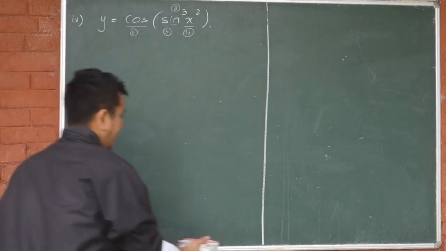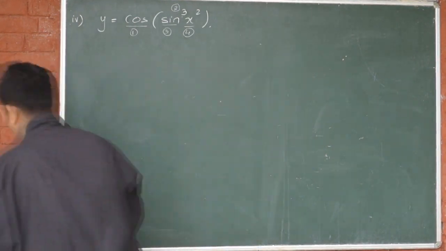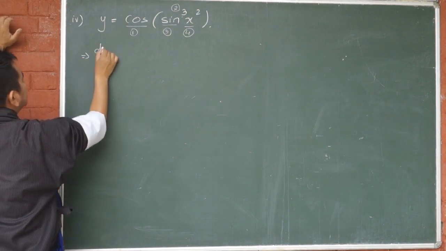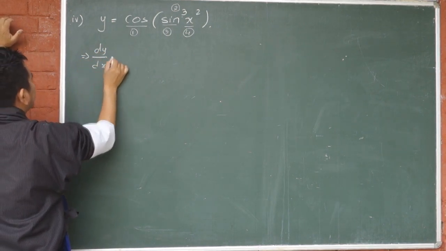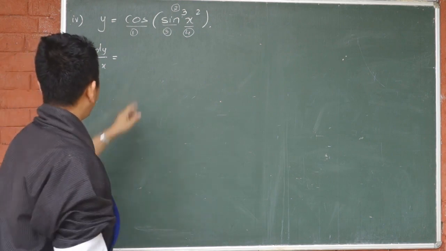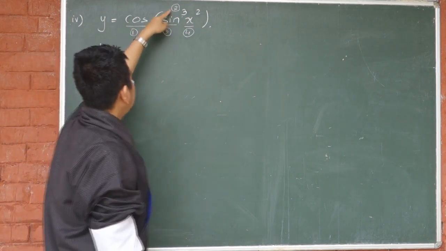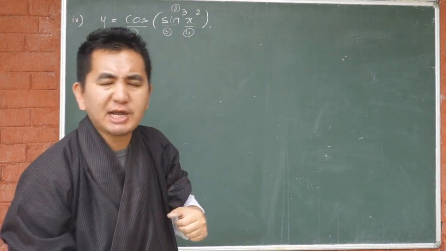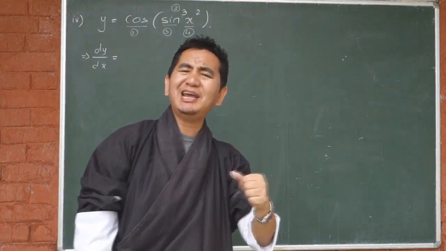So now, more space. When you differentiate, that implies dy by dx. When you go for number 1, as the second, third and fourth, this whole thing has an x. So what's the differentiation of cos x? Differentiation of cos x is negative sine x.